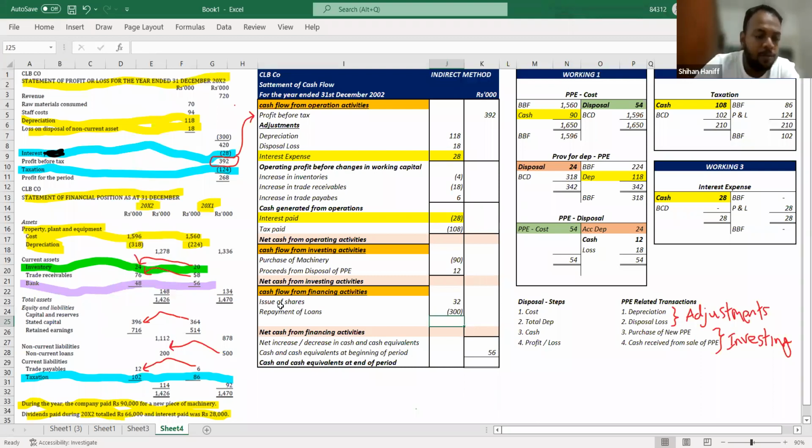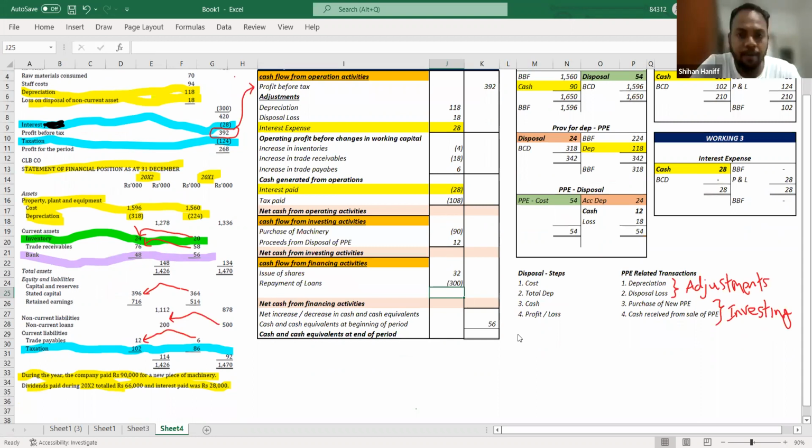Now there is one last item, which is the retained earnings. Okay, for retained earnings, we will draw a statement of retained earnings. Retained earnings, the statement, the column. Okay.